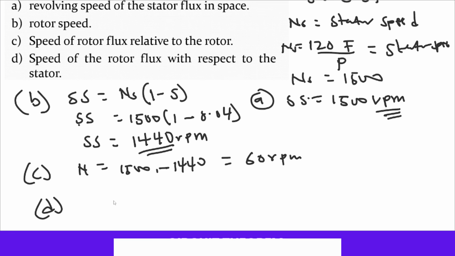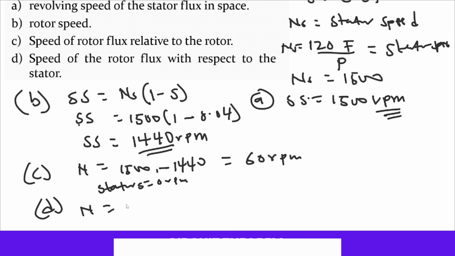So the speed of the stator will be equal to 0 rpm.